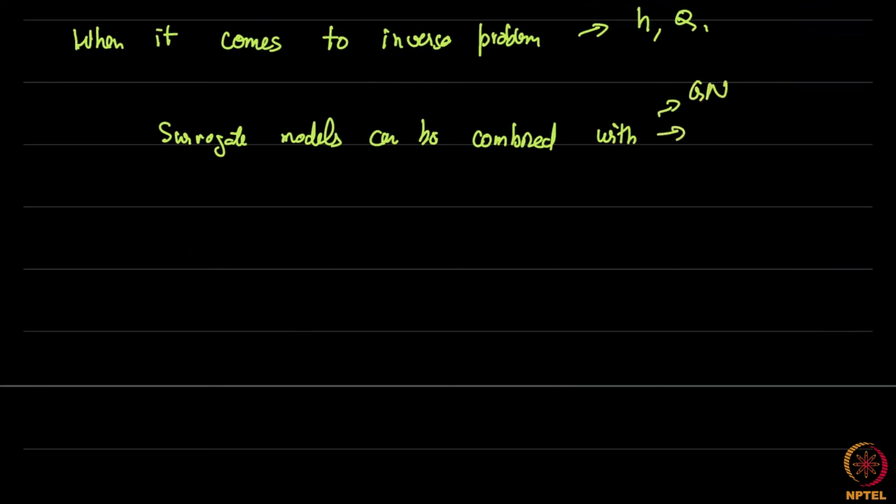They can be combined with gradient descent. And they can be combined with Markov Chain Monte Carlo, or MCMC. Because basically, at the end of the day, the surrogate model is just another analytical model.